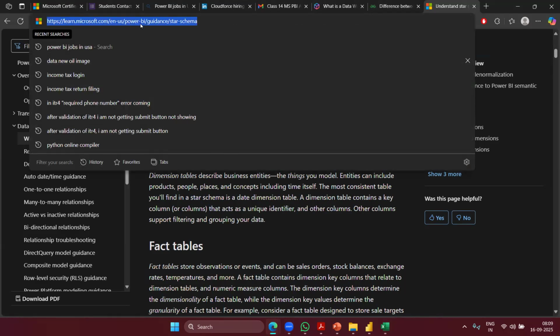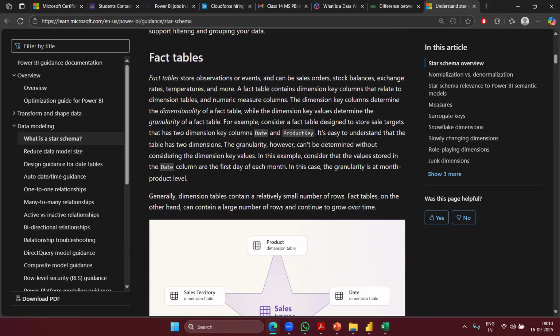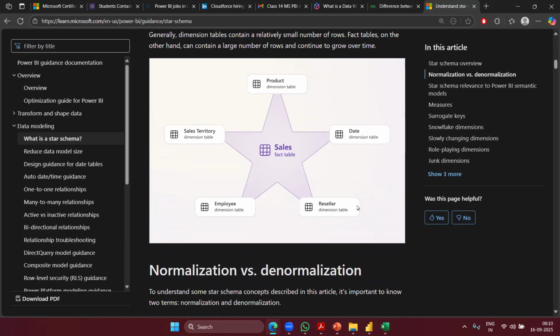And what it says: star schema is a mature modeling approach widely used by relational data warehouses. It requires modelers to classify their model tables as either dimensions or facts, right? And why it is referring to this, let me show you this diagram.